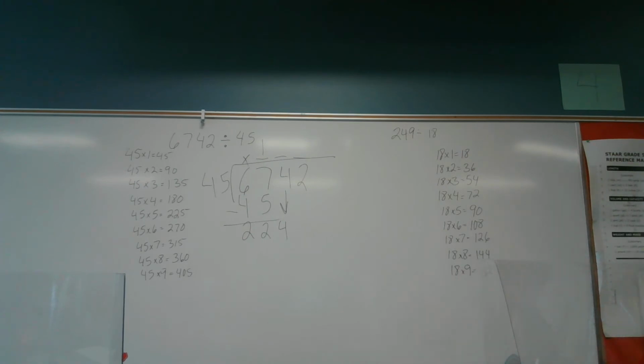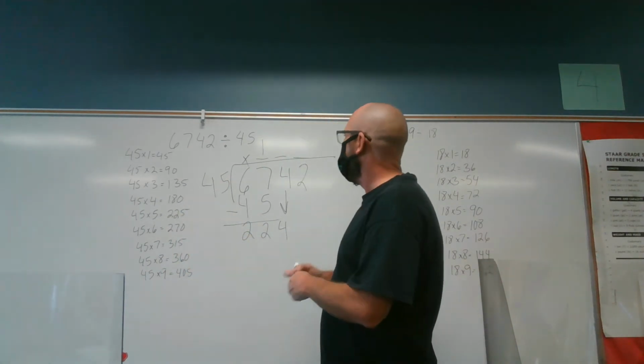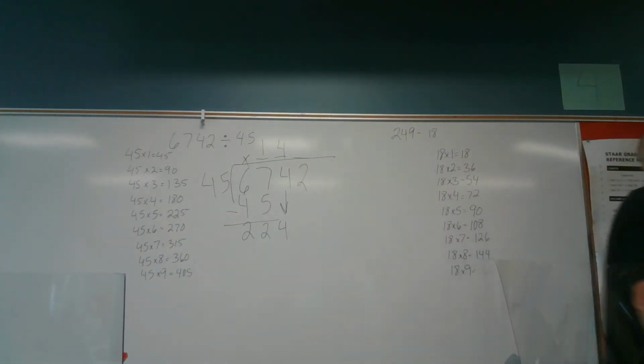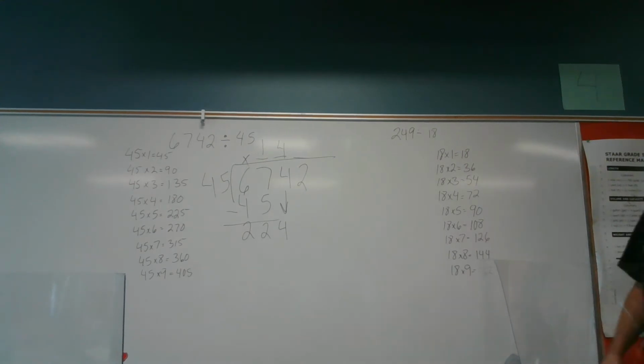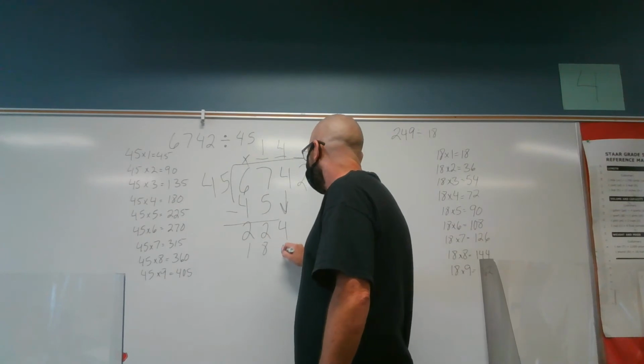And I see 45, 90, 135, 180, 225. Oh, 225 is too big. So I must go with 180. 45 times 4 is 180. So my 4 is my second digit up here, my tens place.